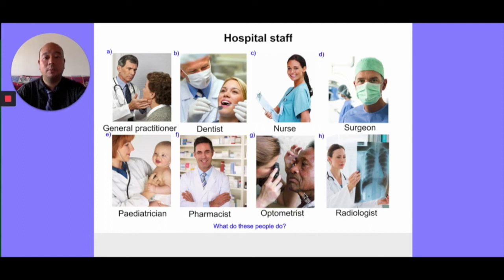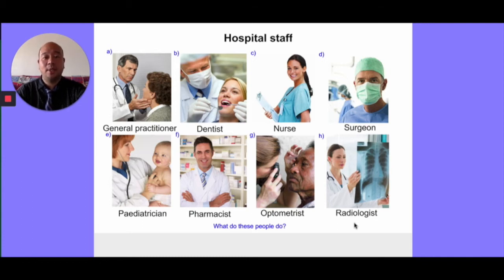Picture G, the optometrist. What does the optometrist do? This is another special doctor who specializes in eye problems. So any conditions related to your eyes, then the best person to see is the optometrist. And the last doctor, the last person here, is the radiologist.